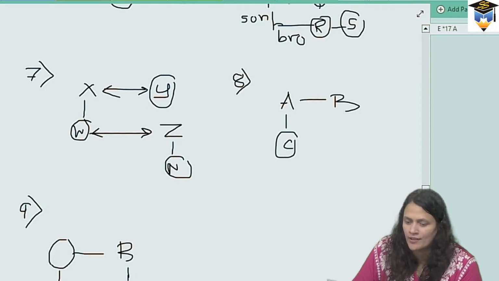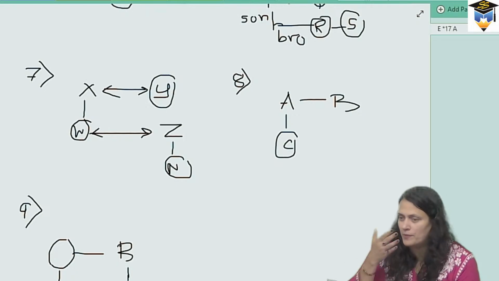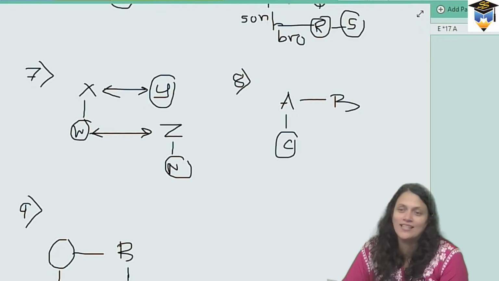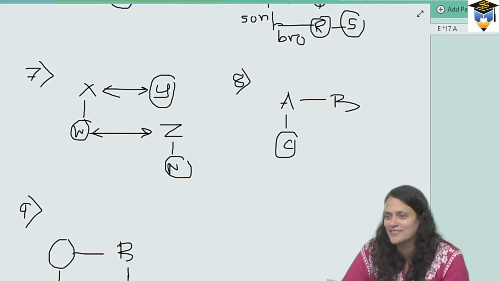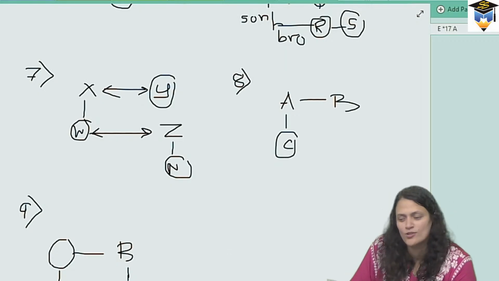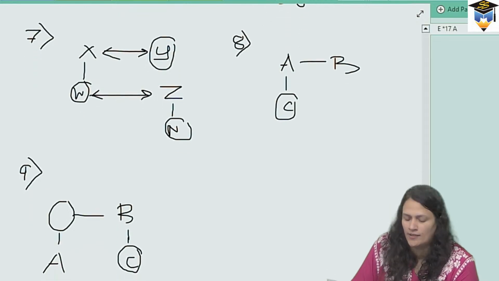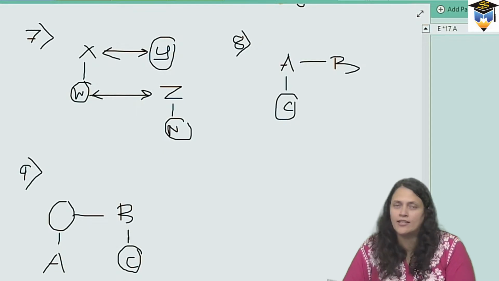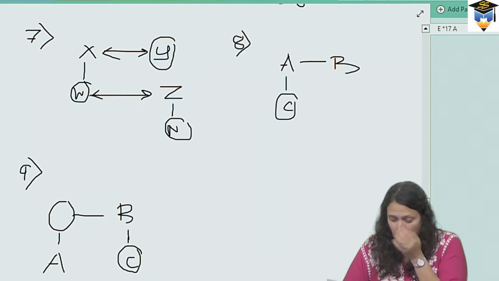It's a sister of B. And B's daughter is given as C. So what is the relation between B and C? So B will be mama of C. And mama in English is uncle only. So it is a maternal uncle. B is the maternal uncle of C. That is the answer.